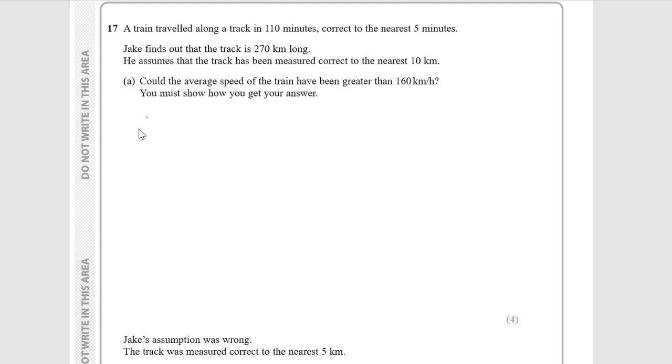Okay, so the time, if I can draw properly, it's difficult to draw straight lines sometimes. So it's 110 minutes, so 105, 115. So we have here 112.5 and we have here 107.5.